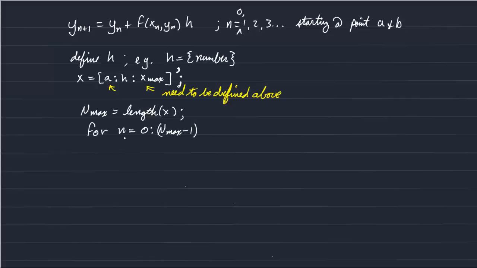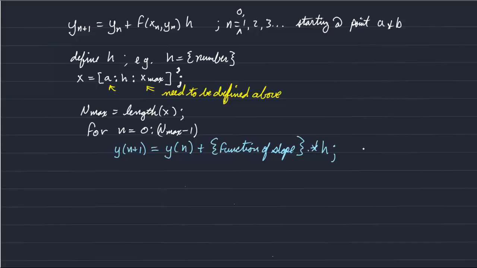And we would say, for example, that the n plus 1 value of vector y is equal to the nth value of y, plus whatever our function of the slope is, times our step size.